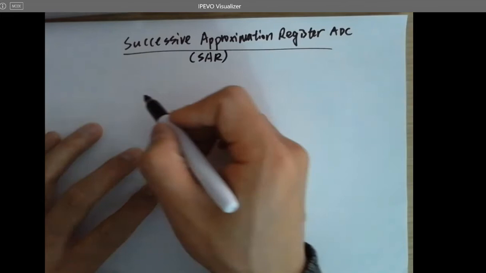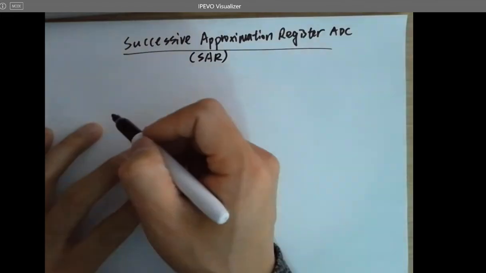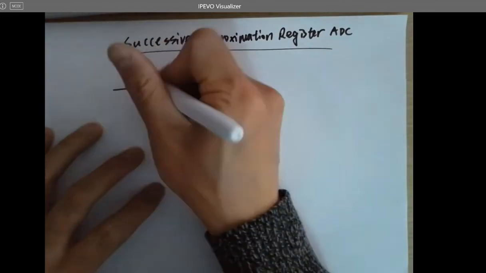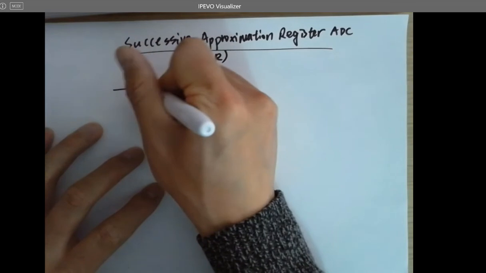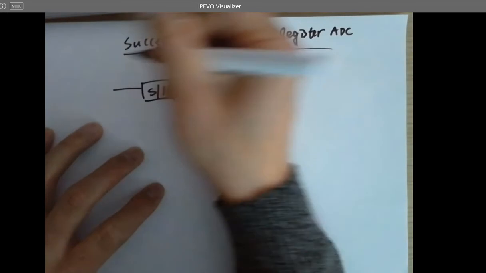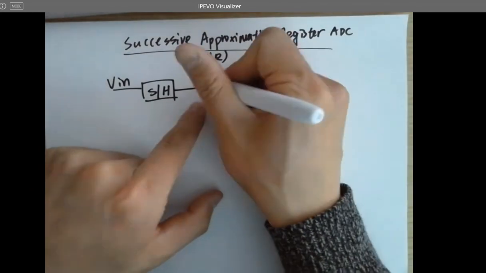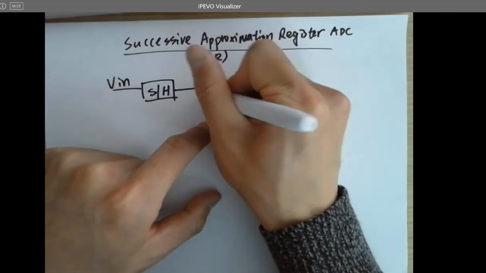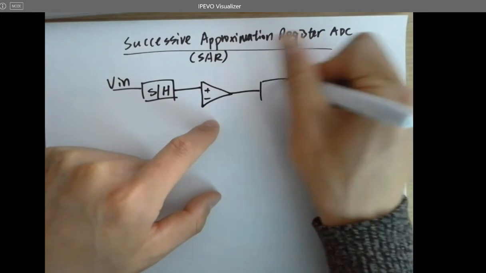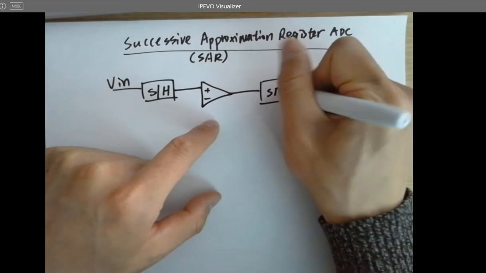So the structure, or the diagram of the entire system: you've got a V-in, a sample and hold circuit, and feed the signal into a comparator, and then the SAR circuit.